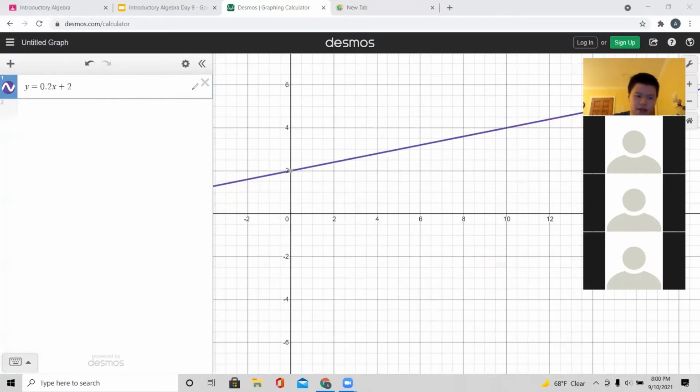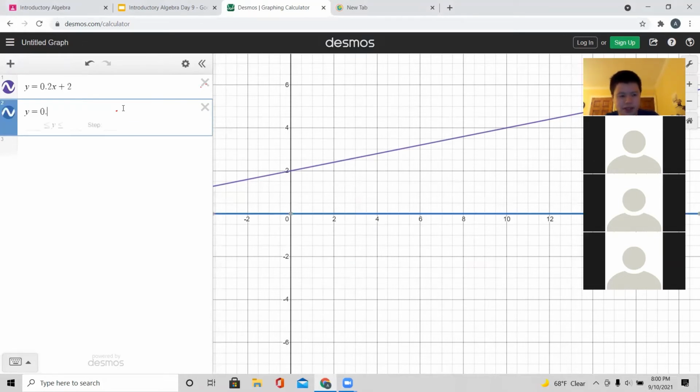Okay, so onwards. I have this line here. It's in slope-intercept form for convenience's sake. Lines usually intersect with each other.